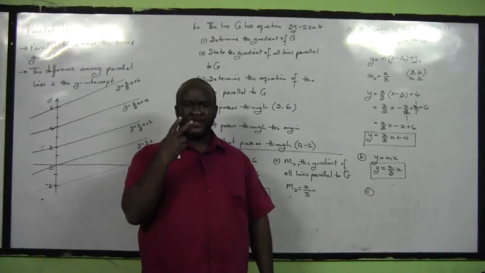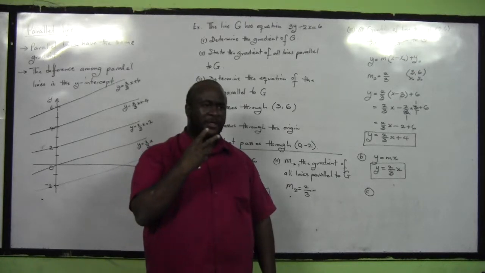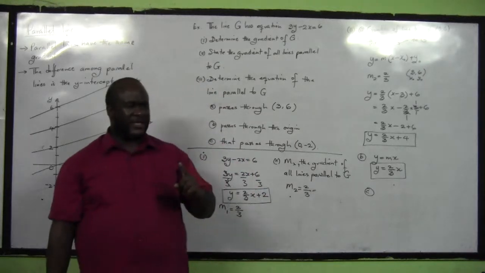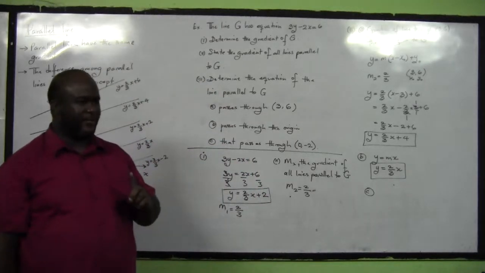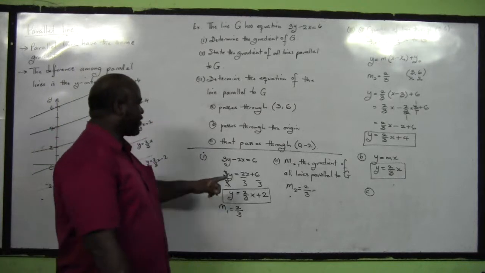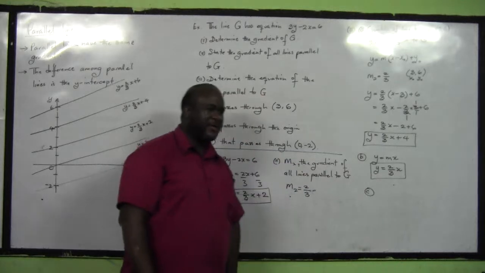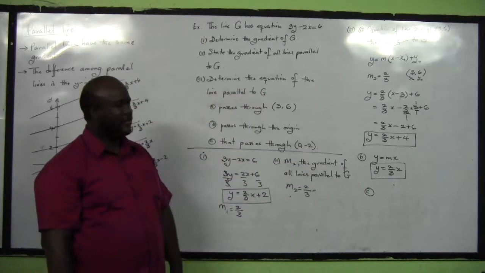There are 2 things you need to determine the equation of a line: the gradient and the y-intercept. The gradient of this 3rd line is also 2 over 3. Why? Because all parallel lines have the same gradient.